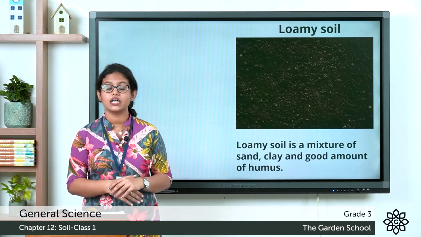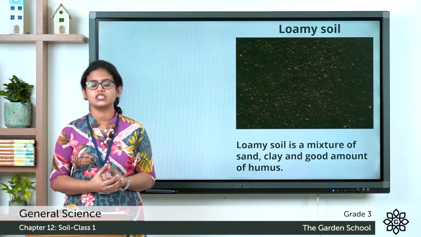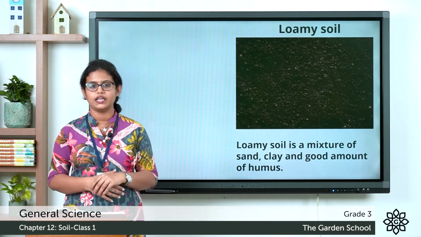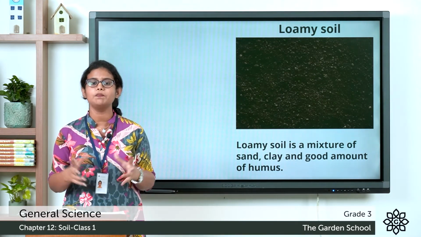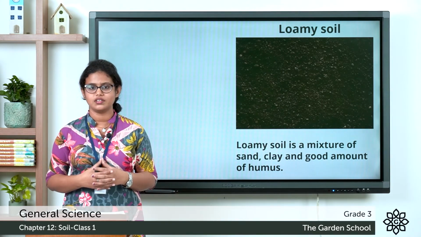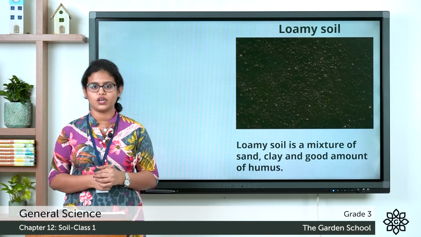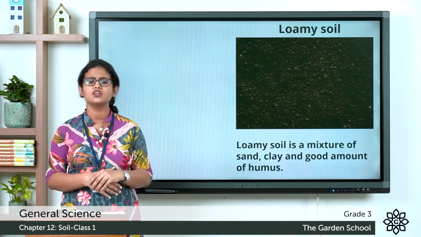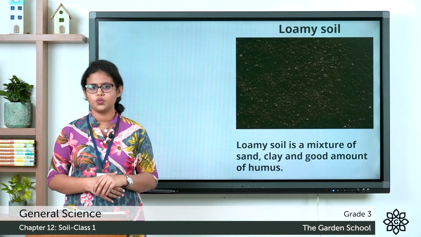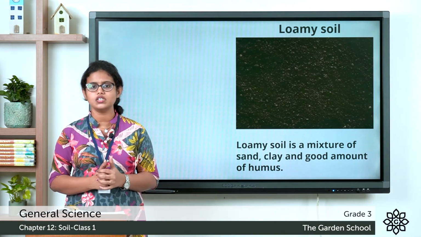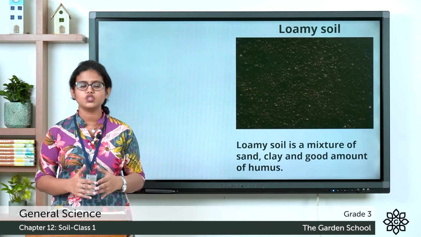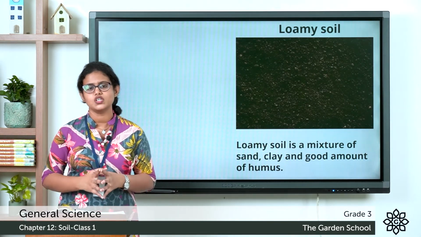Clay soil contains a higher proportion of clay and it has less space between them and it collects water. Then what about loamy soil? It contains a good amount of humus, which is very good for the plants to grow, and it does not collect water like clayey soil.